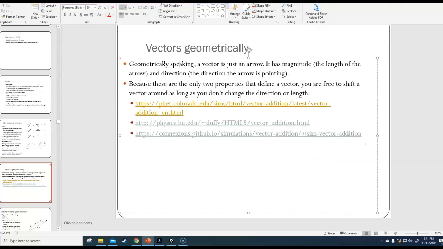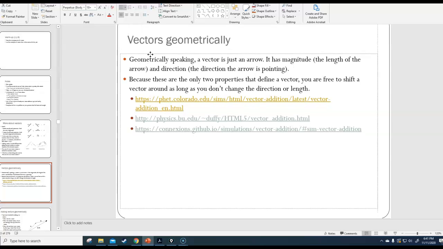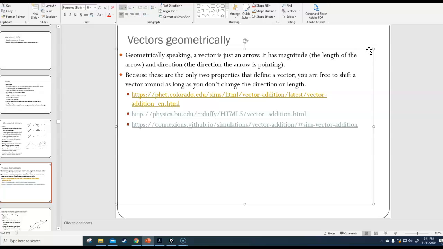Okay, now in this video, we're just going to briefly talk about vectors geometrically and how you might add them qualitatively in a geometrical way. We've seen this in the past, but geometrically speaking, a vector can just be represented by an arrow, right? The length of the arrow corresponds to the magnitude of the vector, and the direction the arrow is pointing represents the direction of that vector.